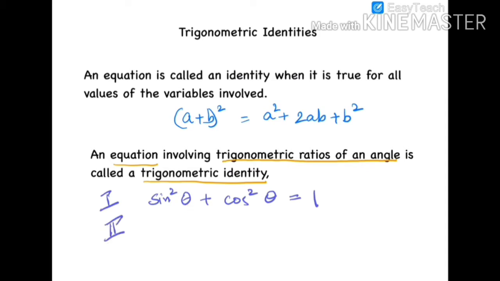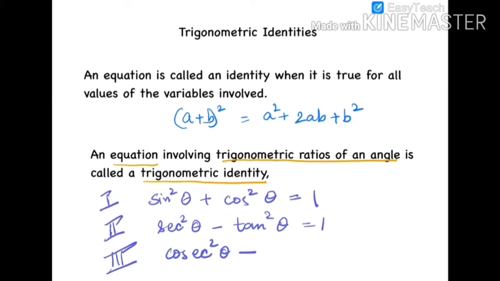The second identity is sec square theta minus tan square theta is equal to 1. The third identity is cosec square theta minus cot square theta equal to 1.